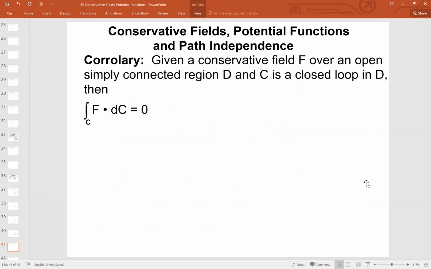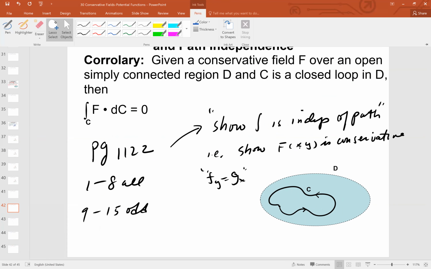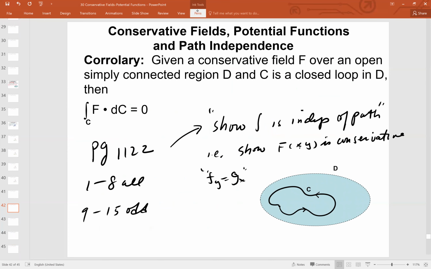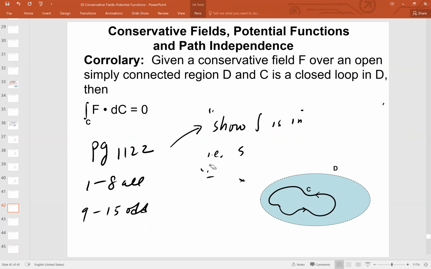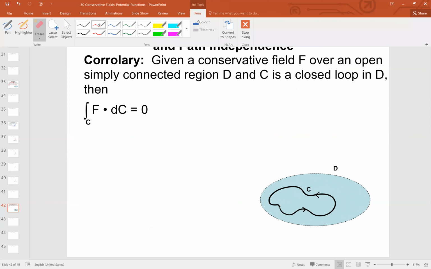And in particular, a consequence of this theorem is that in a conservative field, if I have a loop like that, then the line integral over the loop will be 0, because the point I start and the point I end is the same point.